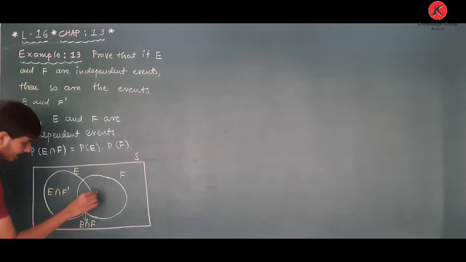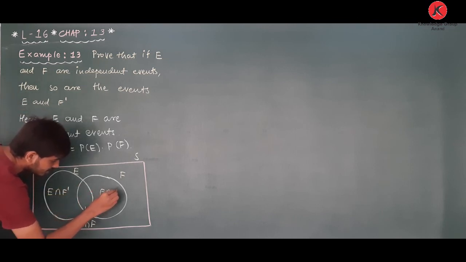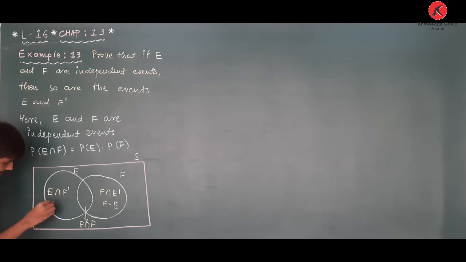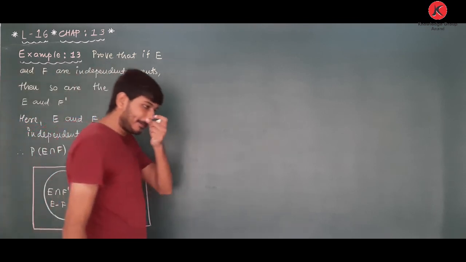Same way, this portion is F intersection E dash, or you can say F minus E, and this one is E minus F. I give two names so that it is clear to you in the exam.